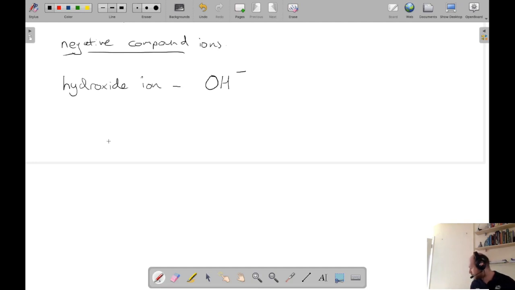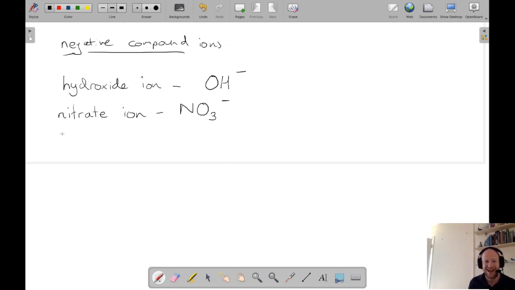The next ones we tend to find in acids. So nitric acid, when it does chemical reactions, forms the nitrate ion. The nitrate ion is made of one nitrogen atom and 3 oxygen atoms that have been joined together. And this makes a 1- ion.